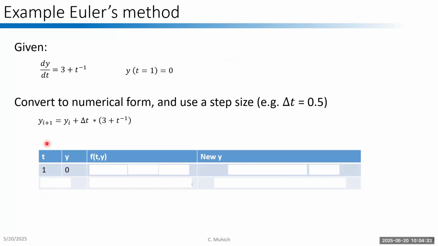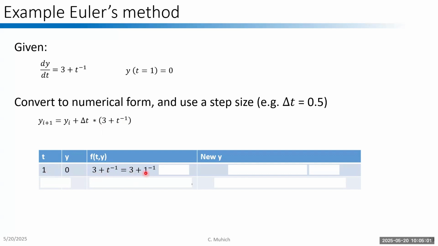So I'm going to make a column of t's and a column of y's. I know that at t of 1, y is 0. So first, I'm going to solve for f of t and y. So this f of t and y is, of course, (3 + t)^(-1). So I can substitute in my known t's and y's.